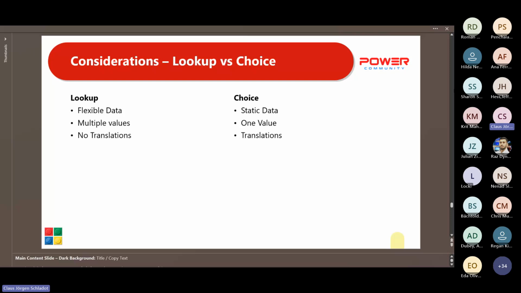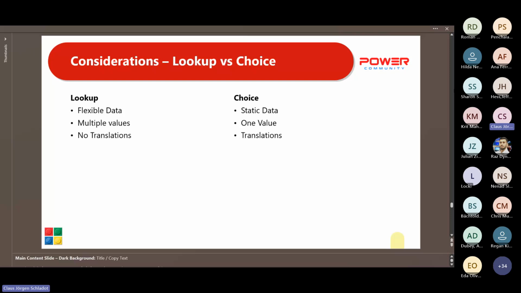You define a list. It's only one value that you can show in this list of choices. But on the other hand, it has the benefit that you can translate these values in the translation file. So if multi-language is a topic for you, this might be helpful.